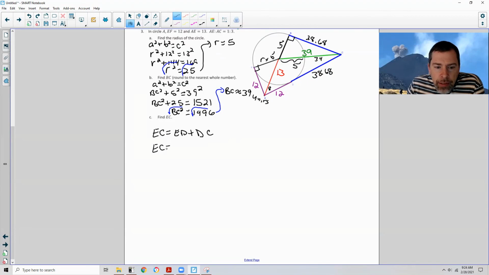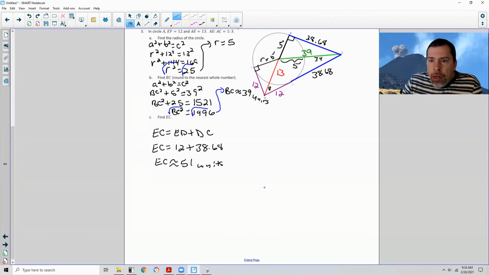So EC equals 12 plus that 38.68 or 39. So EC is approximately 39 plus 12, which is 51 units. And remember, it's an approximation. Okay, but I did change that from 39 to a decimal because you can't have an isosceles right triangle.